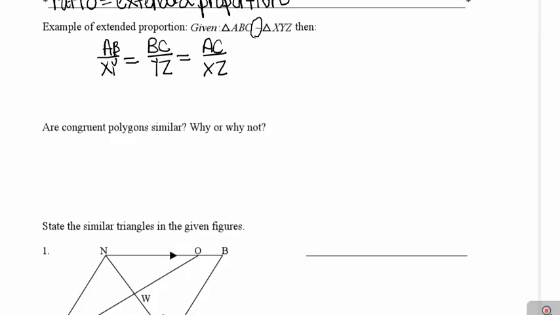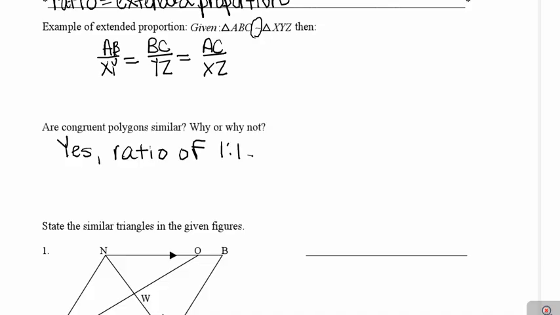Now I want you to think about the next question for just a minute. Are congruent polygons similar? Why or why not? What do you think? Hopefully the answer you're thinking is yes, they are similar, because by definition of similar, they are the same shape but not necessarily the same size, but they could be the same shape and the same size because they would have a ratio of 1 to 1.